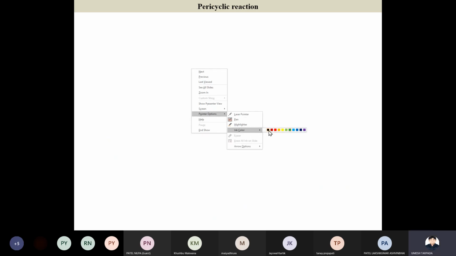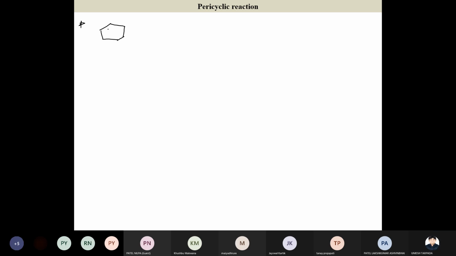Now what happens if you take a hexatriene system? This is 4 pi electron butadiene and 1 sigma bond, 4 pi electron and 2 sigma electron, or you can say 2 pi bond and 1 sigma bond whenever you go for ring opening via conrotatory motion. So we are getting this one.